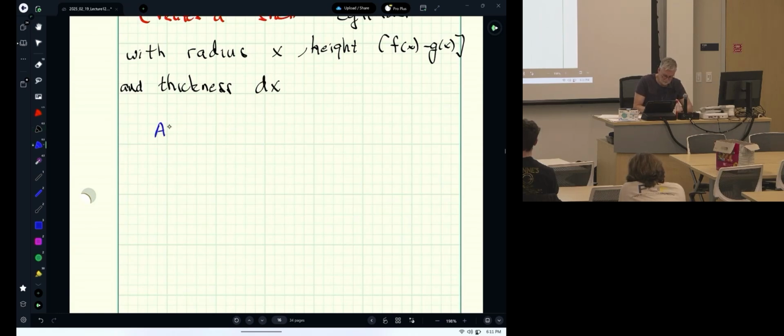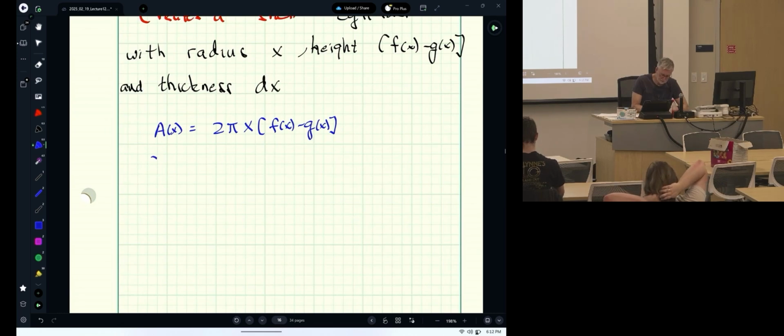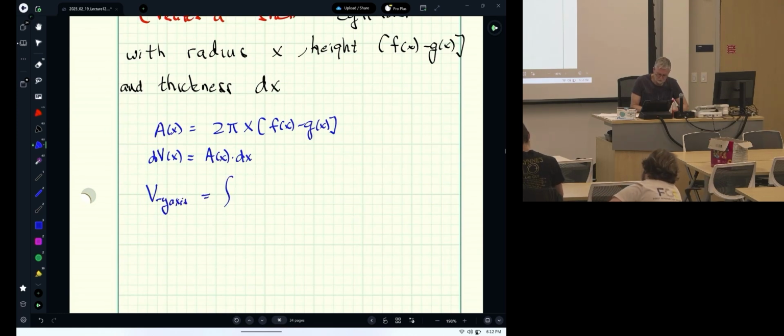So we get A of x is just 2 pi radius times height. Differential volume is area times differential thickness. So the entire volume on the y-axis is just the integral from A to B of the differential volume.